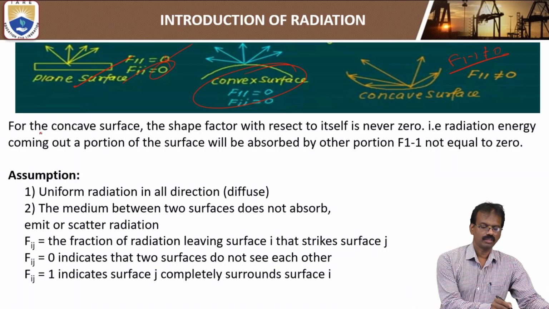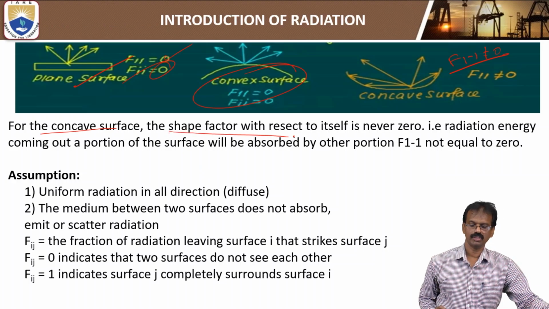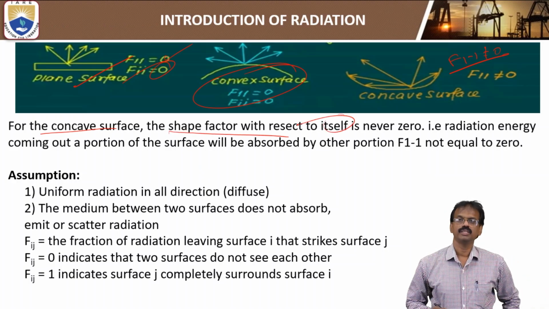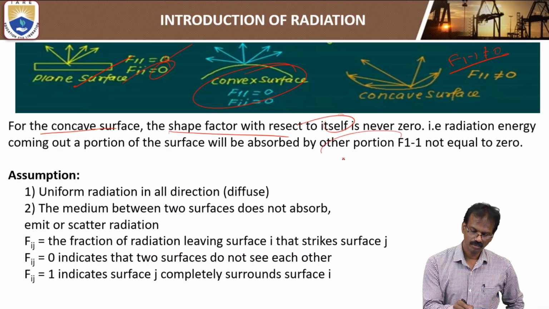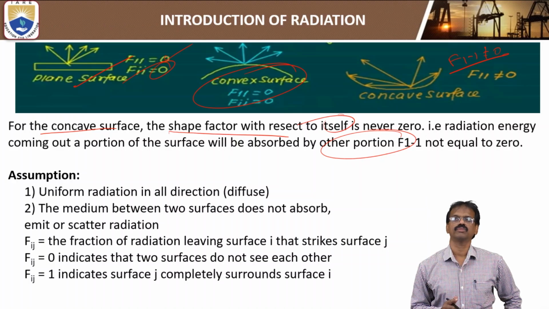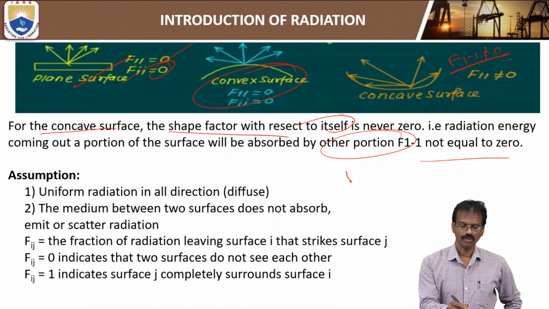For concave surfaces the shape factor with respect to itself is never 0, because radiation from a portion of the surface is absorbed by another portion of the same surface.